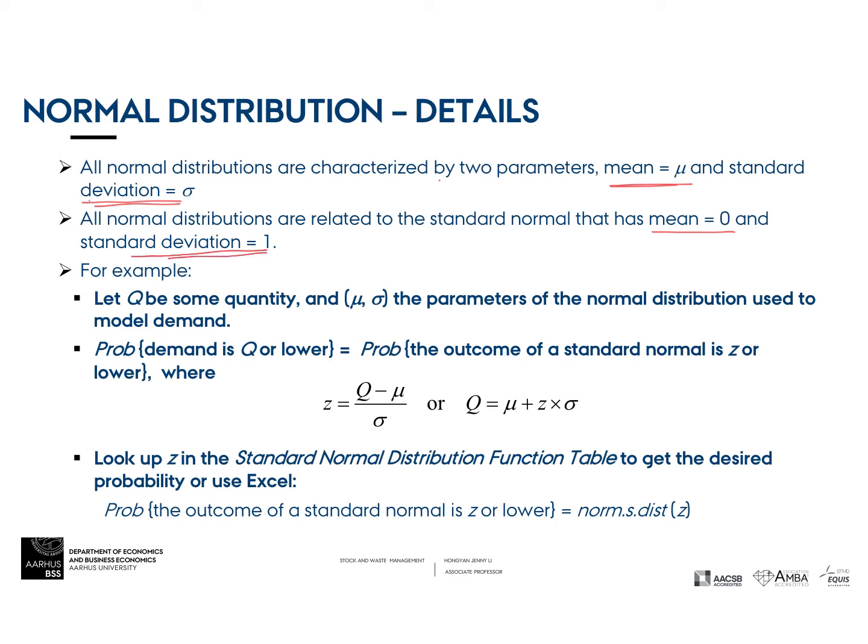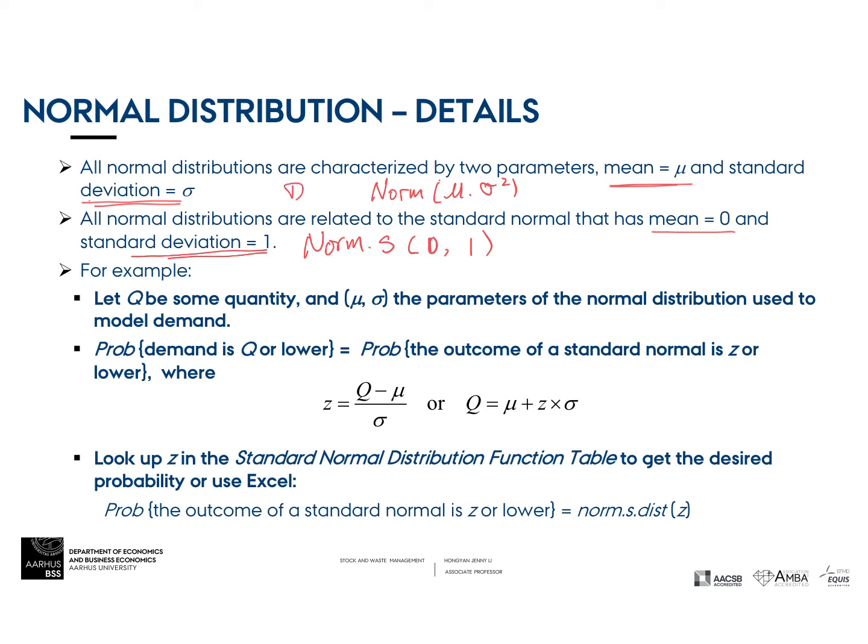So if the normal distribution is normal with mu and sigma, then your standard normal distribution can be written as a standard normal with mean 0 and standard deviation of 1.